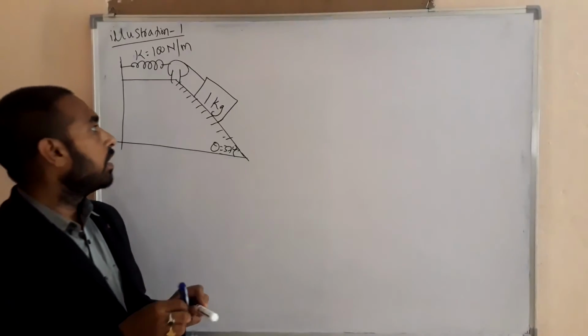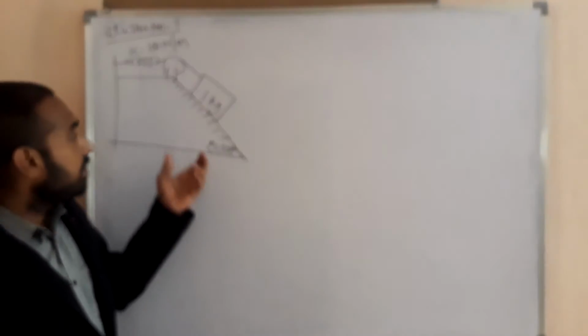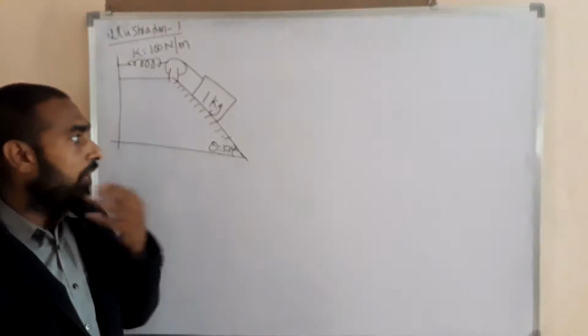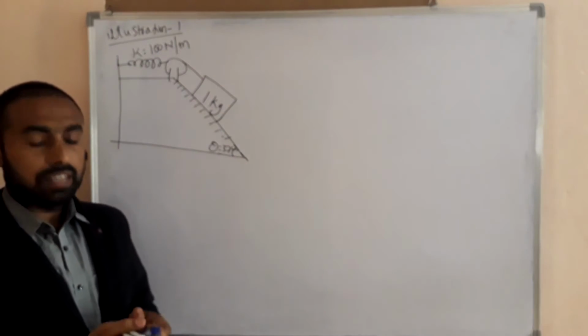The question is here: a 1 kg block is placed on the rough inclined plane whose inclination angle is 37 degrees.